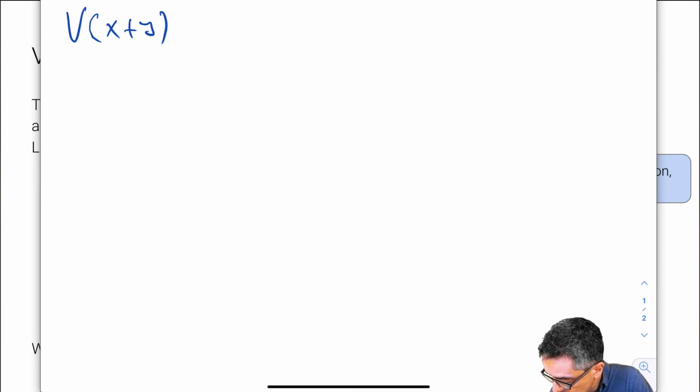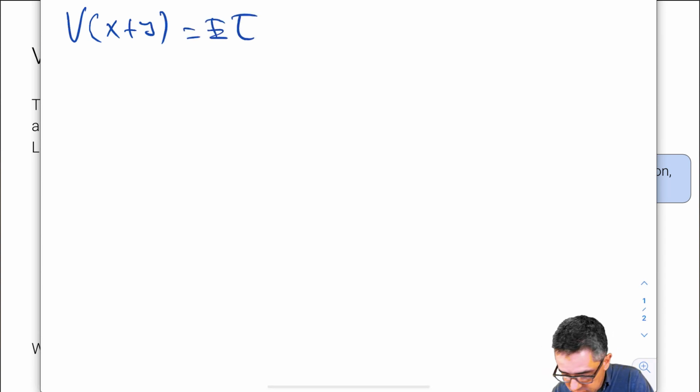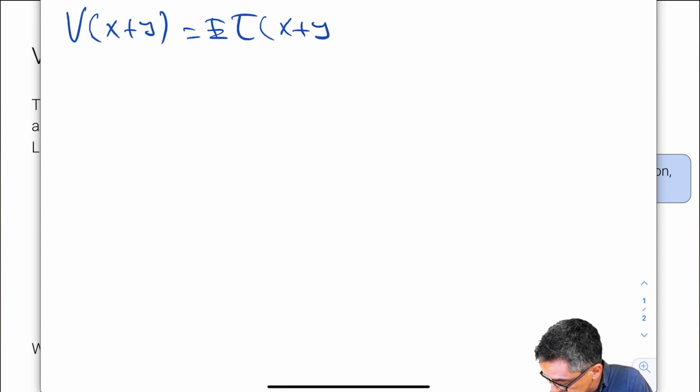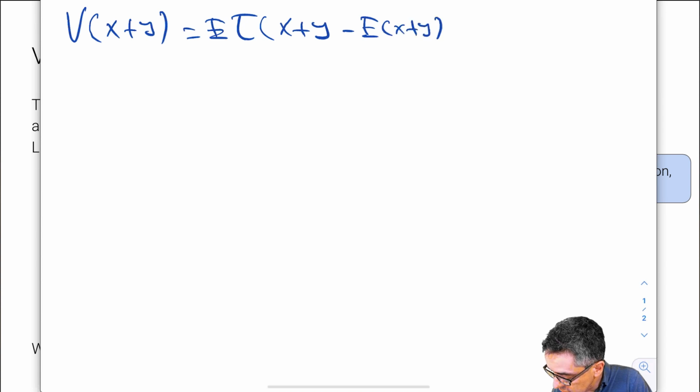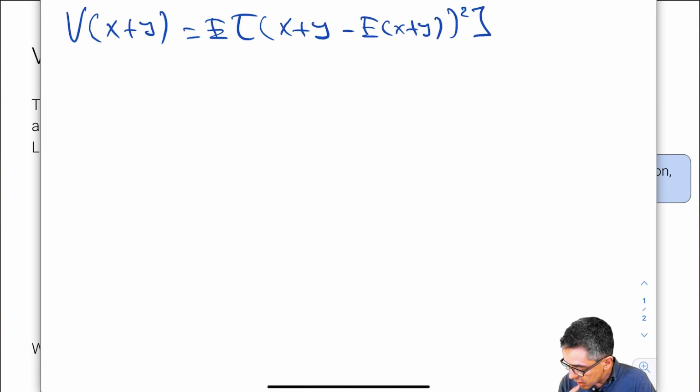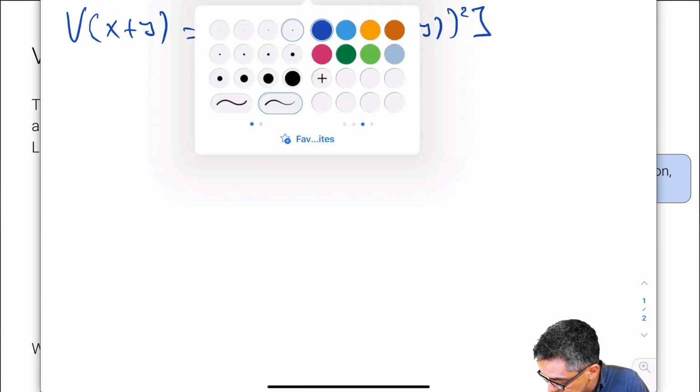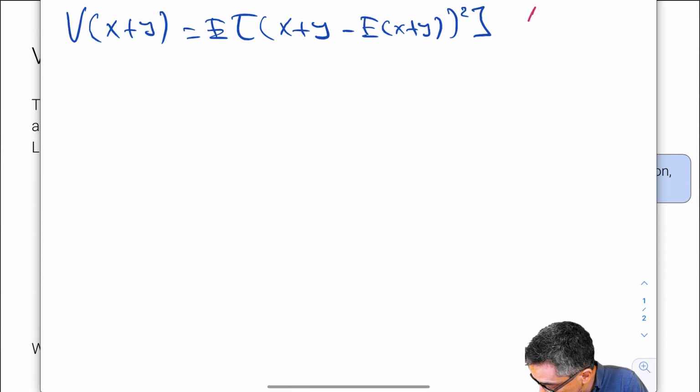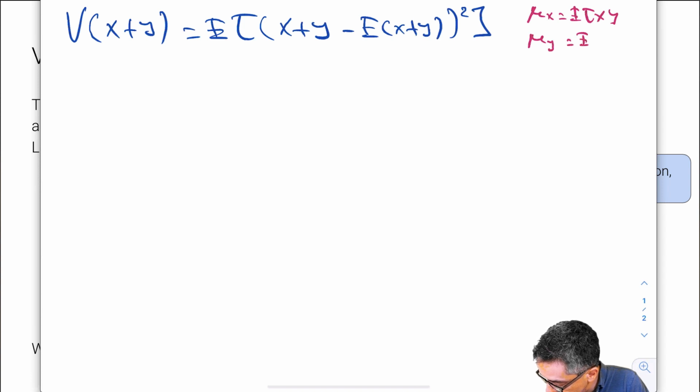By definition, it is the expected value of the random variable, in this case x plus y, minus its expectation, and it's the expected value of this quantity squared. We're going to introduce a teeny bit of notation, which is that we define mu x as a shorthand for the expectation of x, the mean of x, and mu y as a shorthand for the expectation of y. This is a square bracket, sorry.